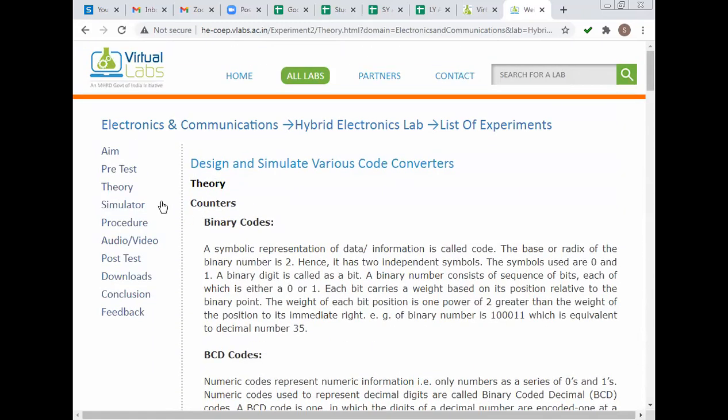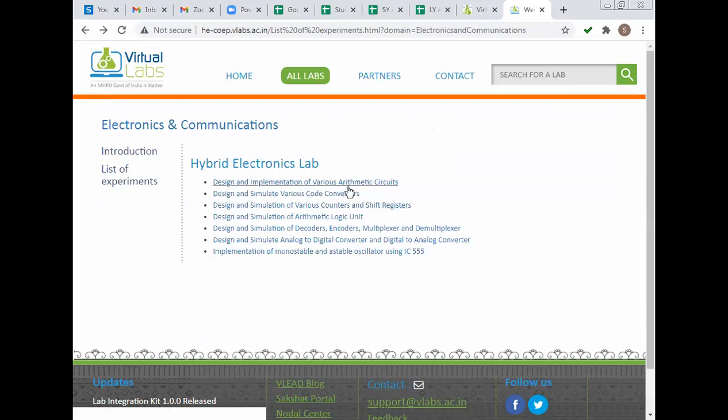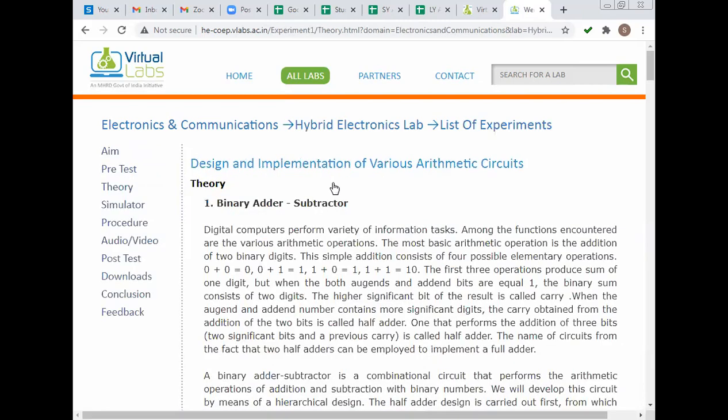Okay, so in today's practical, what have we done? Arithmetic, then design and multiplexer likewise. So in various arithmetic circuits, what is meant by an arithmetic circuit?